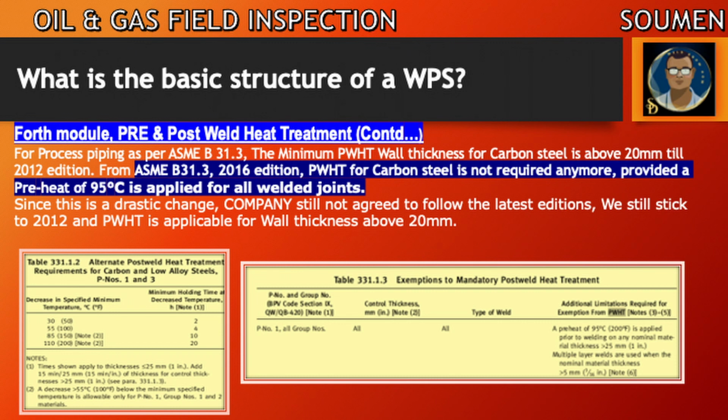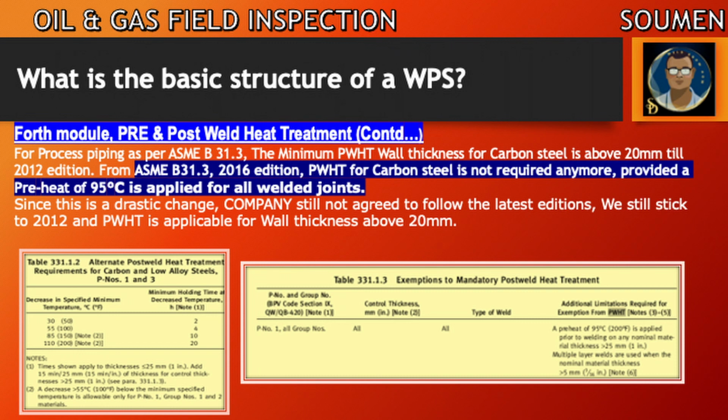So the company could not accept this drastic change so far. They are still sticking to the 2012 standard, where PWHT is applicable for wall thicknesses above 20 mm in case of process piping. For pipeline, I told you it is applicable over 32 mm.